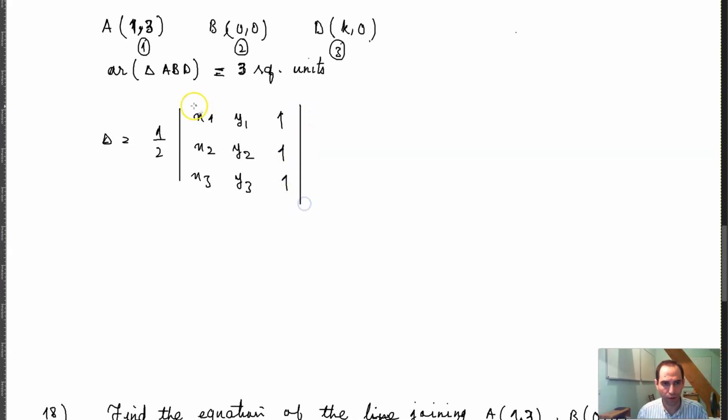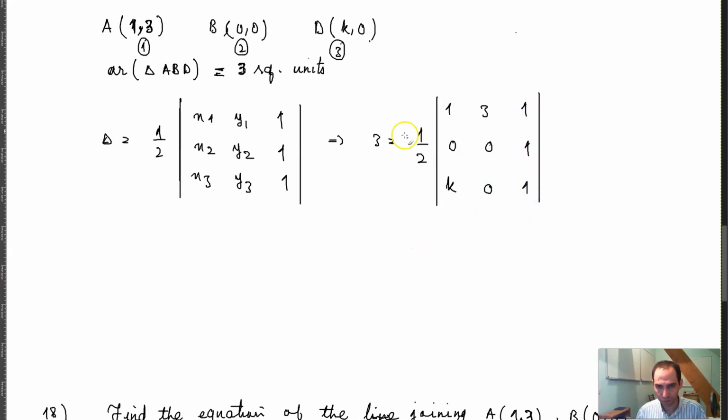So the delta becomes 3 square units is equal to 1/2 times the determinant 1, 3, 0, 0, k, 0, and 1, 1, 1, and so you can expand along the second row, R2.